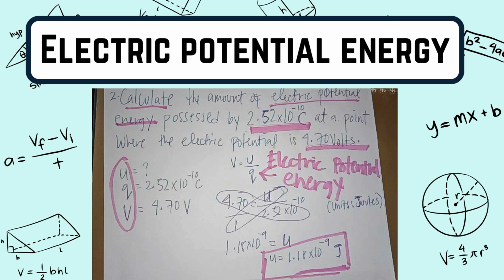So as you can see here, 4.70 or the volts multiplied by 2.52 times 10 raised to negative 10, which is the Q. Then we will have 1.18 times 10 raised to negative 9 equals the joules. So the answer here is 1.18 times 10 raised to negative 9 joules. Since we used the electric potential energy formula here, the units will be joules.